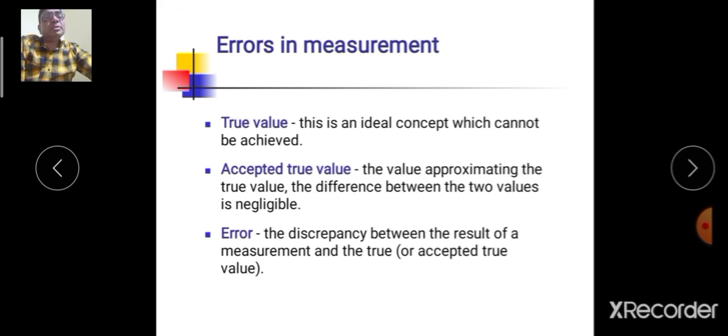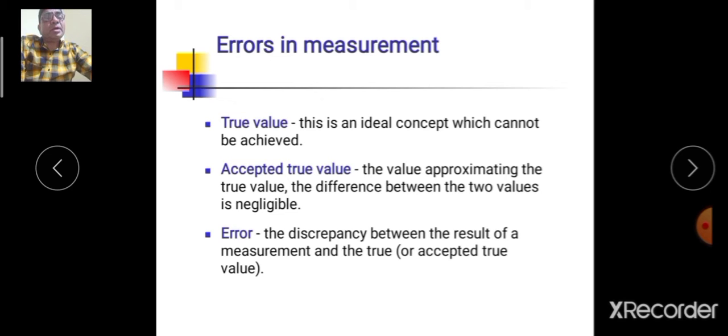Now, there are errors in the measurements. When a true value is calculated, this is an ideal concept which cannot be achieved.